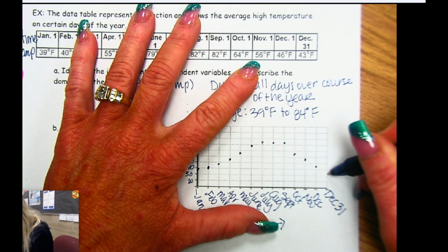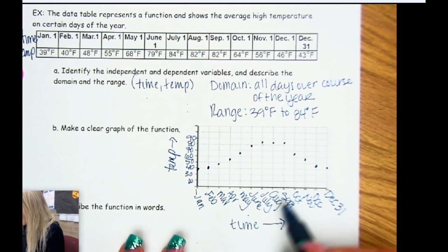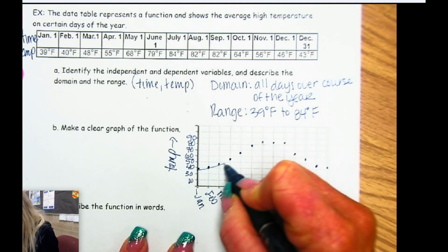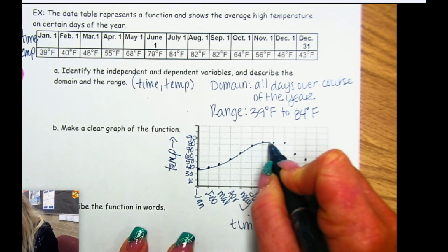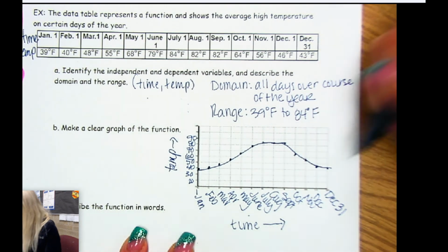And then the last day of the year was 43, right? All right, so you can kind of see we're increasing, and then we start decreasing heavily like that.